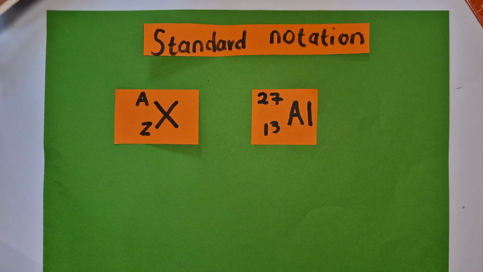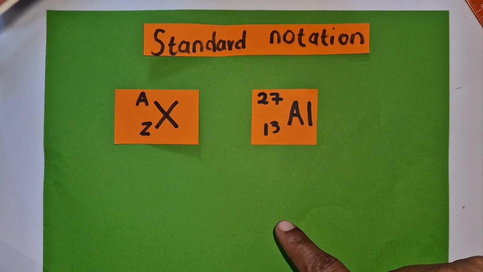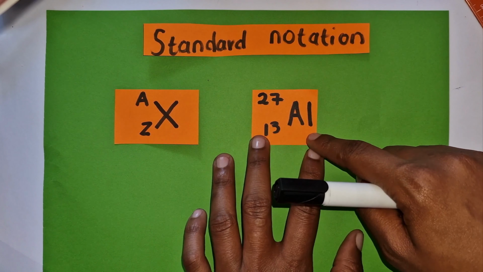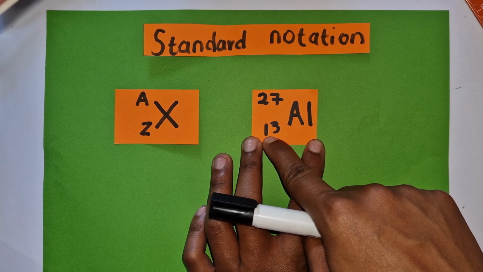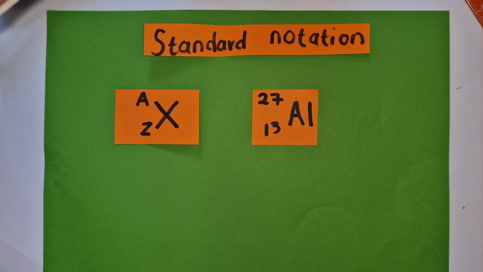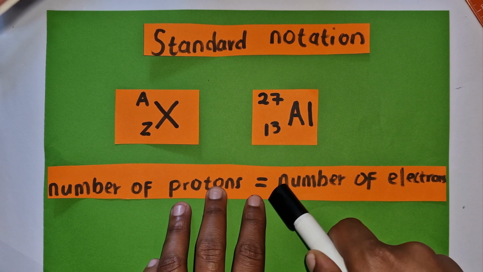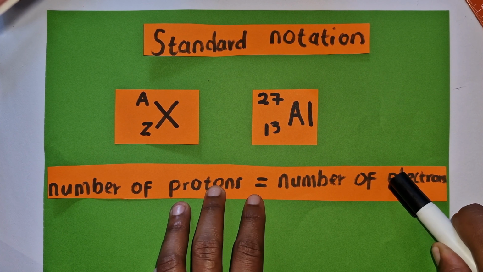So Z does not only tell us the atomic number of an atom, it also tells us the number of protons. So this tells us that aluminium has 13 protons. And as I have already mentioned, in a neutral atom, the number of protons equals the number of electrons.